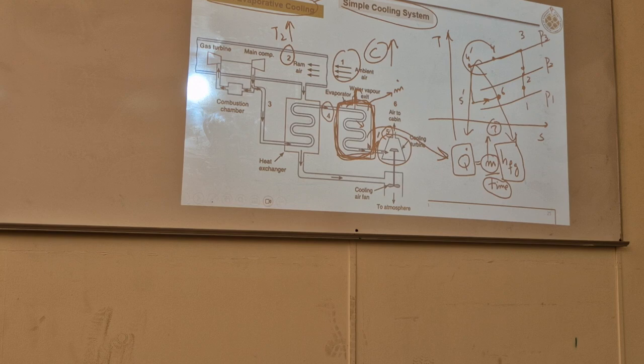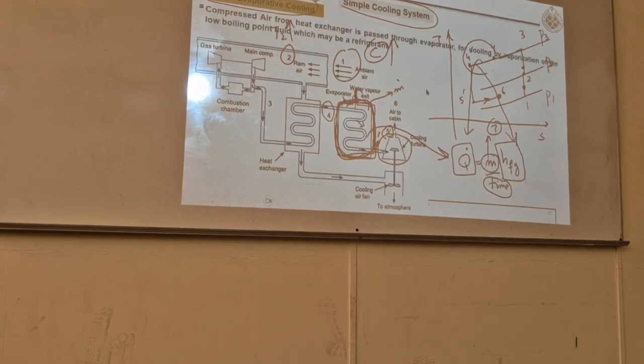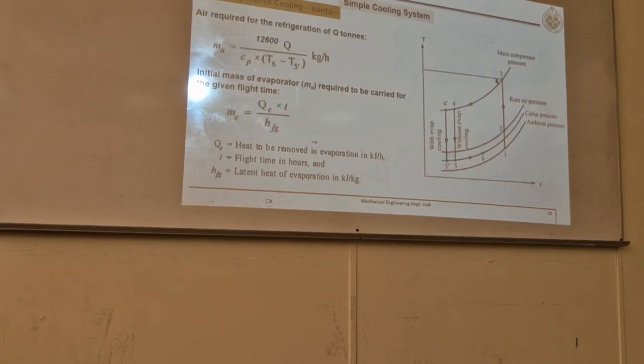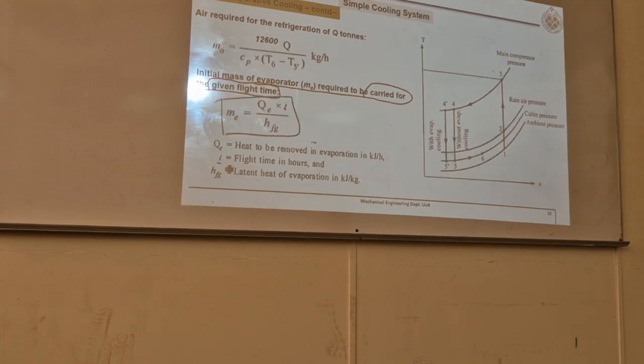Here it is the m of that fluid. So m of that fluid, hfg of that fluid which is evaporating, divided by time. That is explained here also. Mass of evaporator required to be carried for the given flight time. Okay, that is that equation. Here is the t.